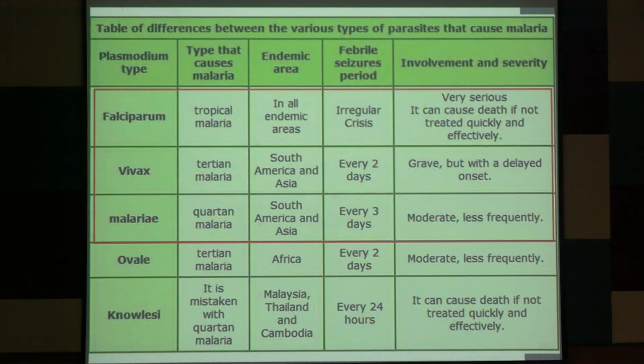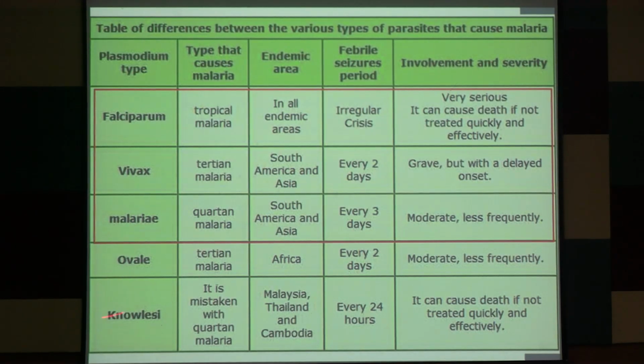So this is a table of differences between the various types of parasites that cause malaria, okay. Falciparum is tropical, Vivax is Tertian, Malariae is Quartan, Ovale is also Tertian, but it is endemic in Africa. You have to remember Falciparum, Vivax and Malariae, their involvement in the area and the severity of the disease, okay.